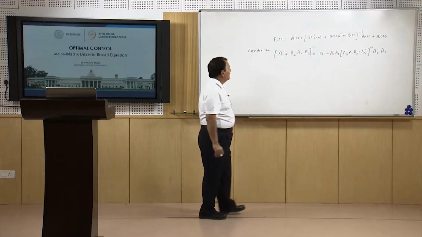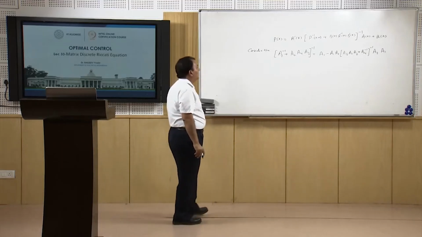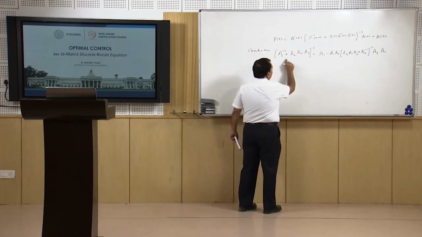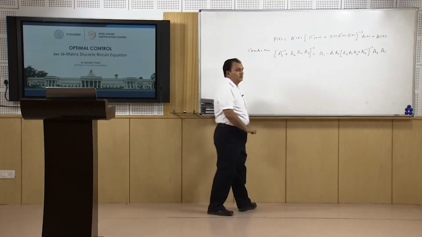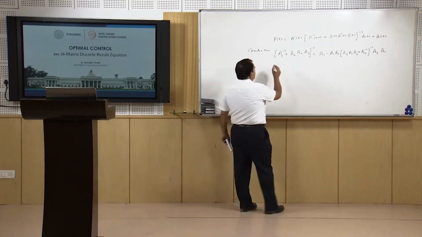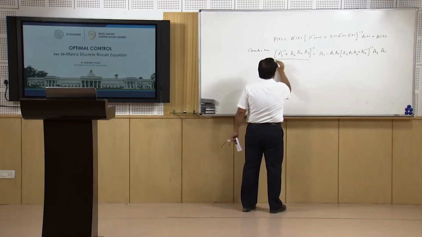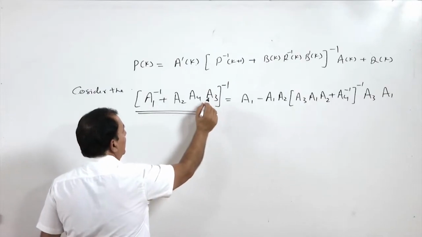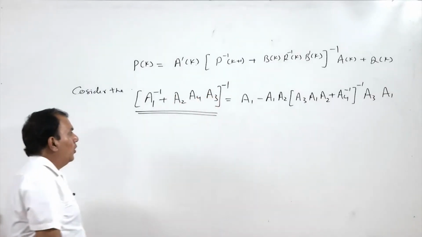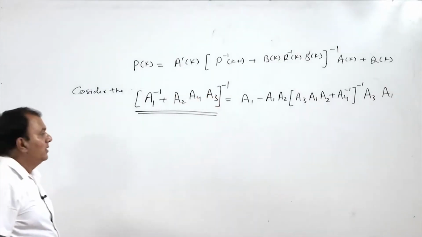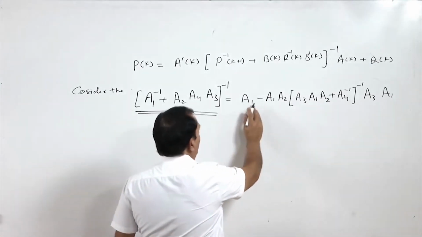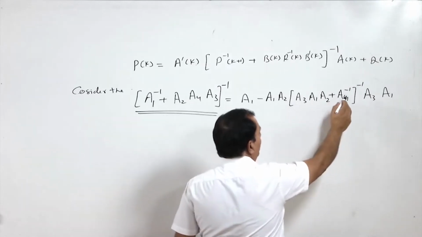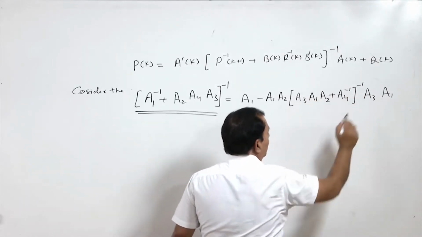So, if we consider the four matrices A1, A2, A3, A4, the identity is A1 inverse plus A2 A4 A3 inverse of the whole matrix, which is equal to A1 minus A1 A2 A3 A1 A2 plus A4 inverse of the whole, A3 A1.